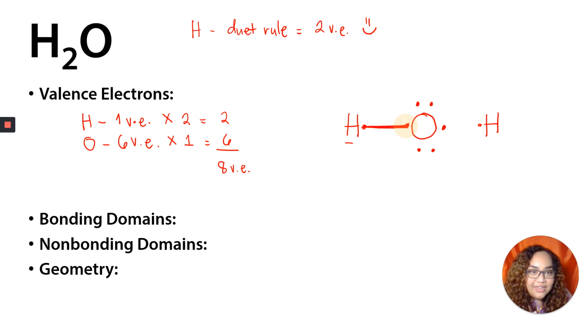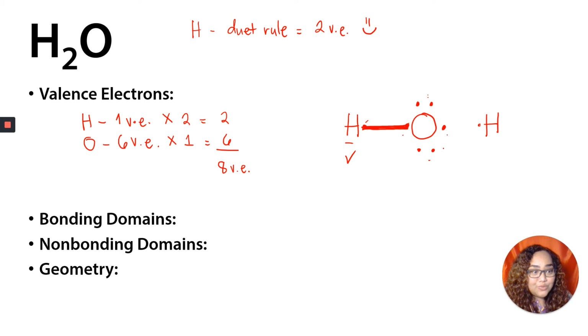Just imagining that the dots are not there anymore. So there's a bond right there. So hydrogen, is hydrogen happy? Yes, because it has already 2 valence electrons. Now, how about oxygen? So oxygen, let's count. So this is 2, 4, 6, and then 7.